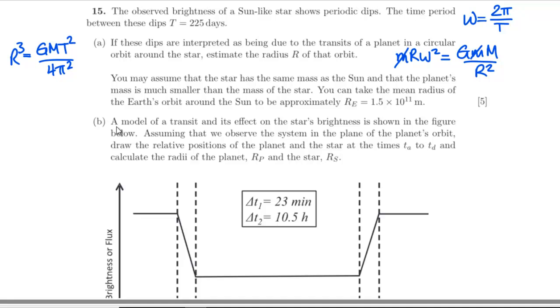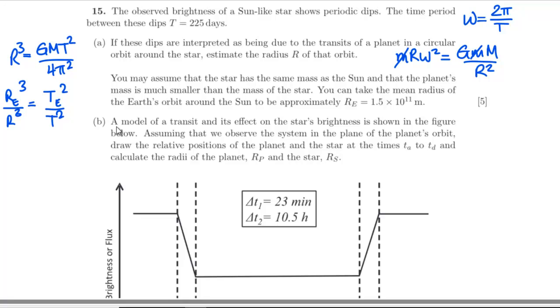And then what are we trying to work out? We're trying to work out r, the radius of the orbit. Because we haven't put in anything specific to an orbit here, we can ratio these things, one for Earth and one for not. So we can say r Earth cubed divided by r cubed is going to be equal to T Earth squared over T squared.